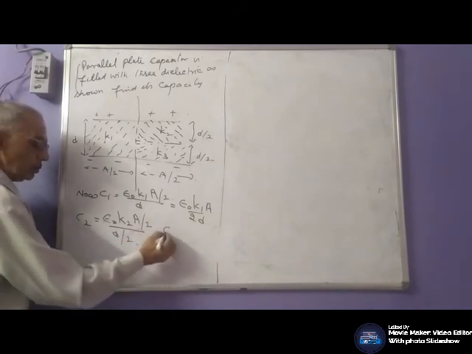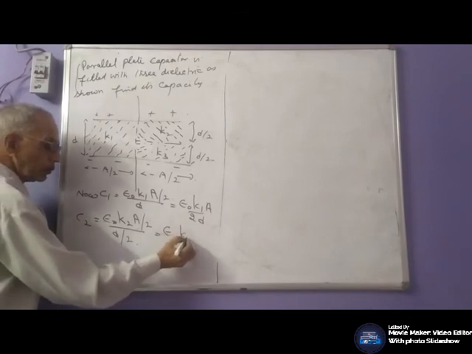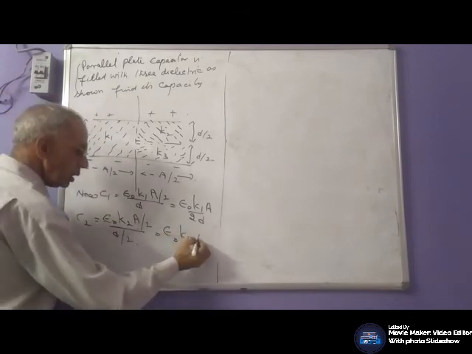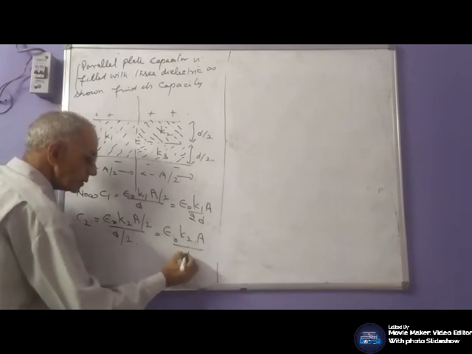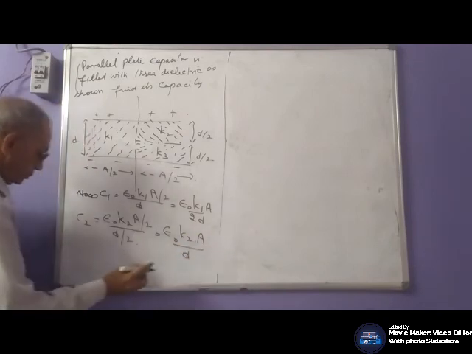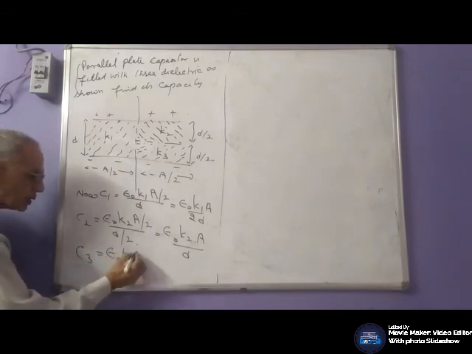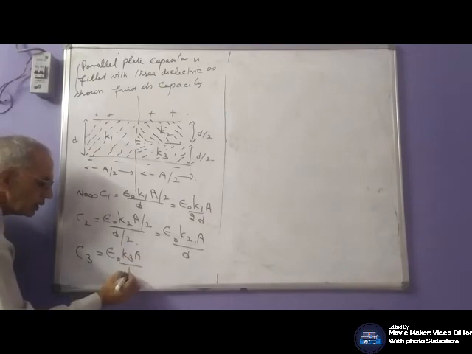It comes out to be epsilon naught K2 A by D. C3 similarly epsilon naught K3 A by D.